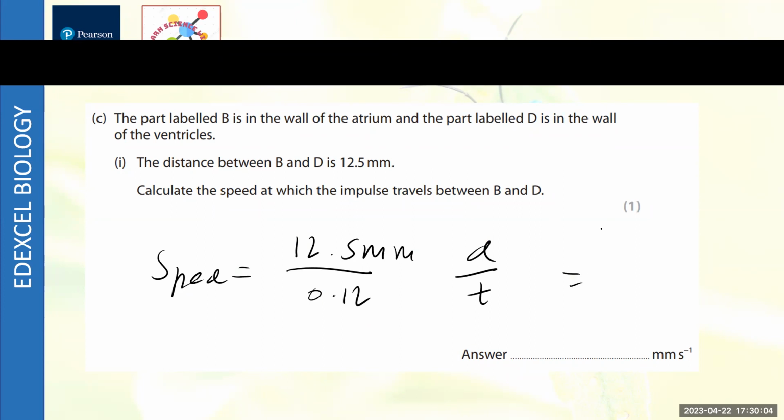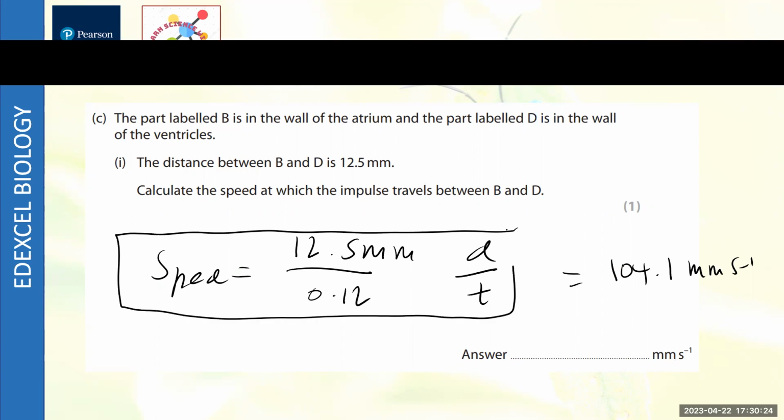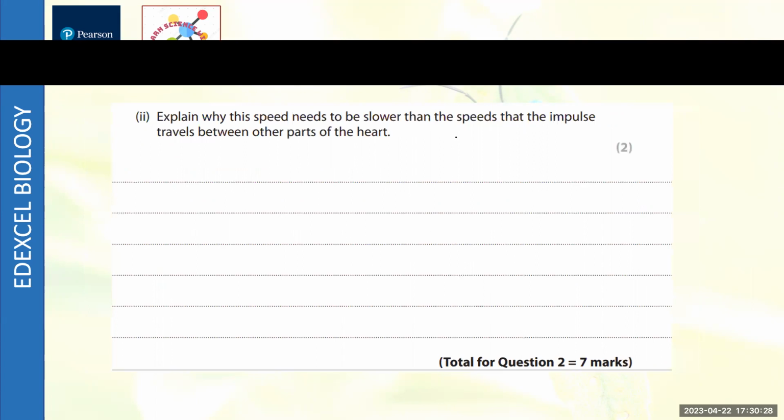This is about 104 millimeter per second, right? Speed equals distance divided by time. The speed needs to be slower than the speed that the impulse travels between other parts of the heart.